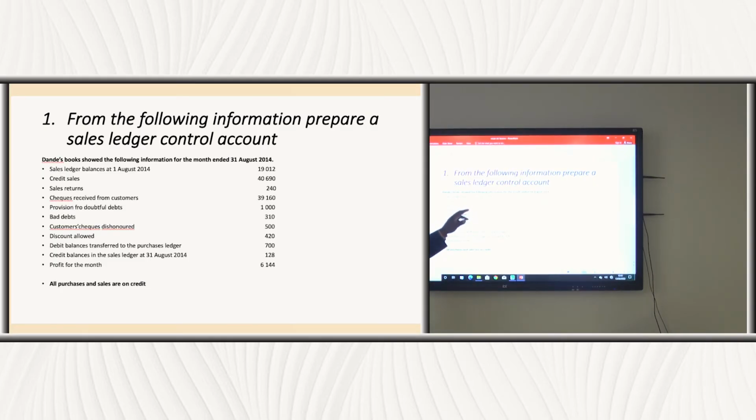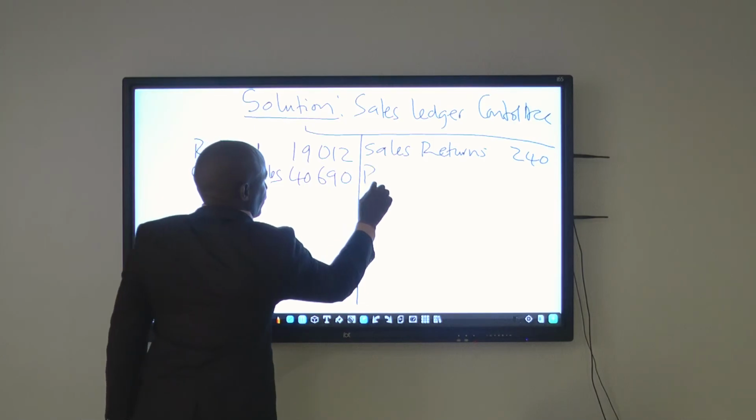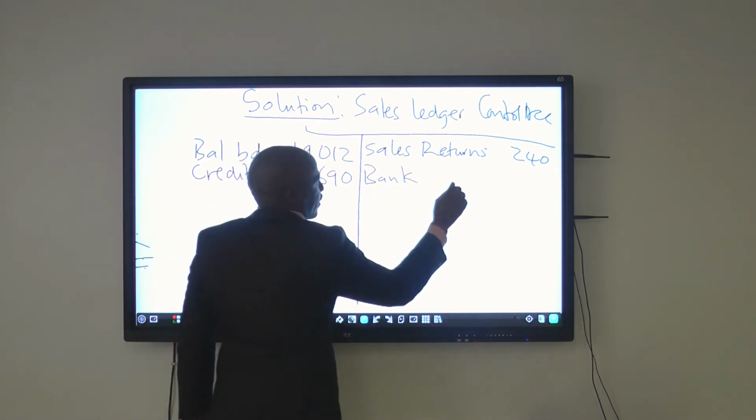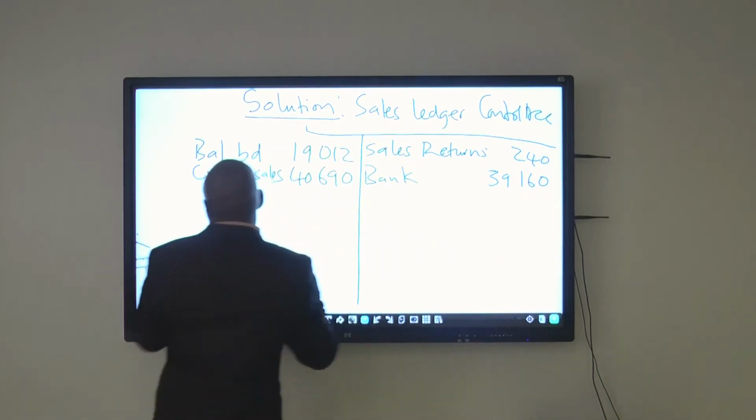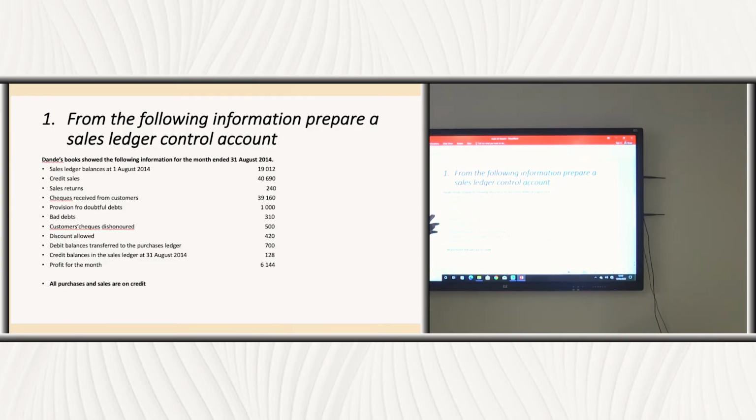The next transaction there is cheques received from customers, which we shall narrate as bank, 39,160. So we have bank 39,160. We also have provision for doubtful debts.